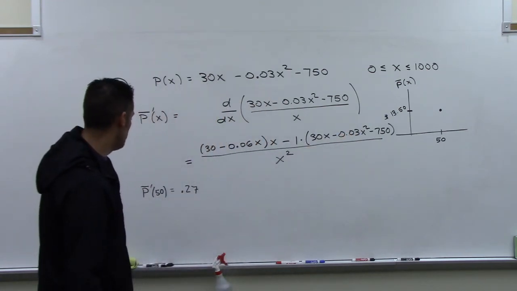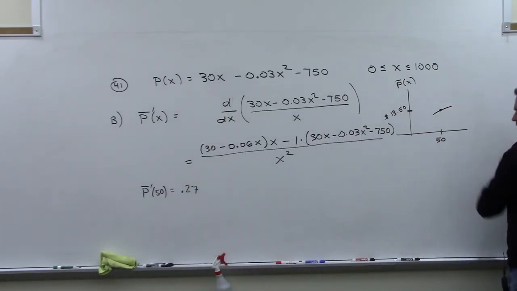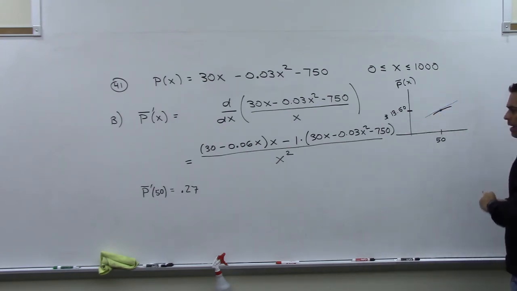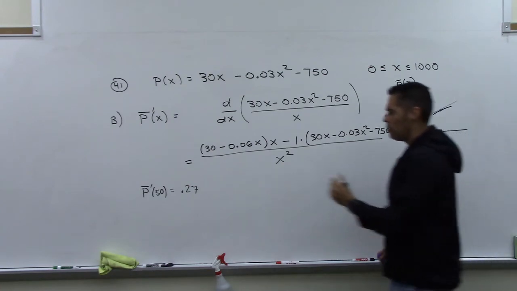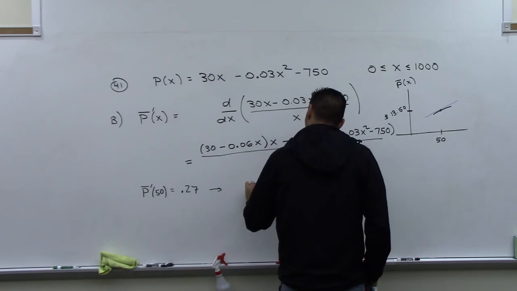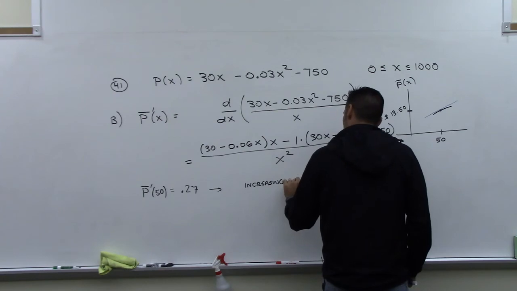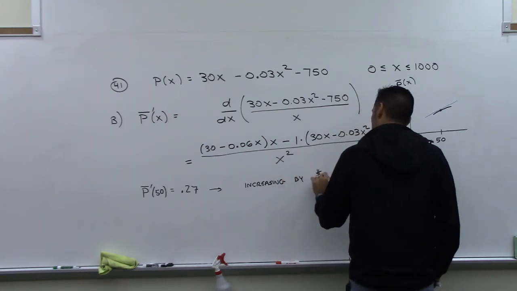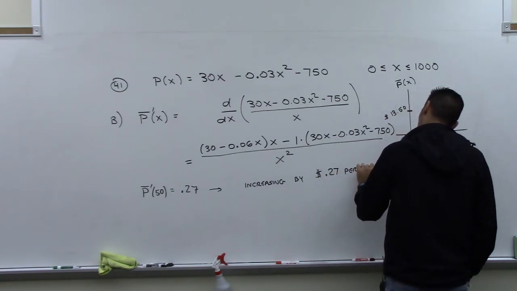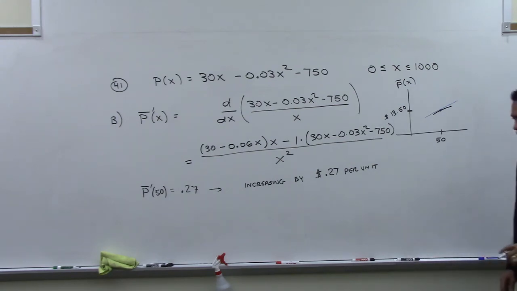And it's a positive number, which means that my graph should be going up here like this because I'm getting a positive slope of the tangent line there. So this means that it is increasing. My average profit per unit is increasing by 27 cents per unit.